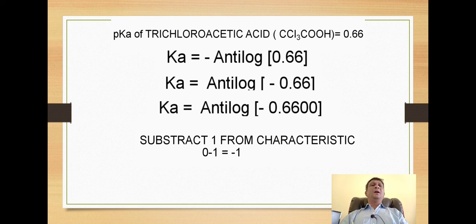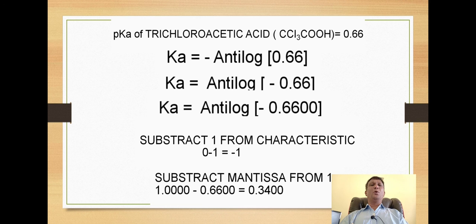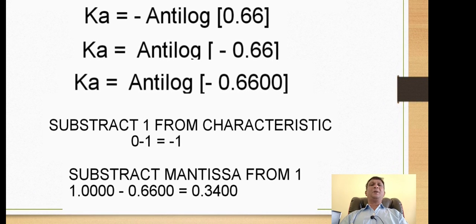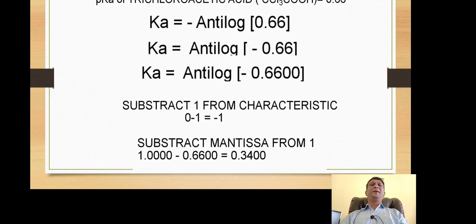Then we have to make one more correction over here. That means we have to subtract the mantissa from 1. So when this mantissa 0.6600 is subtracted from 1, that is 1.0000, we will get the value 0.3400.